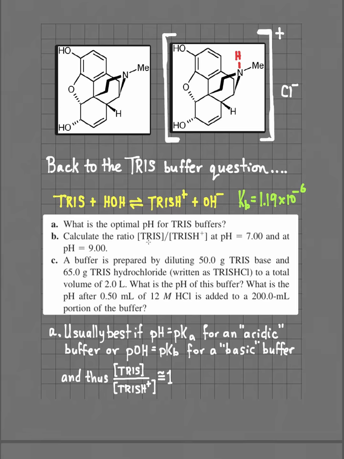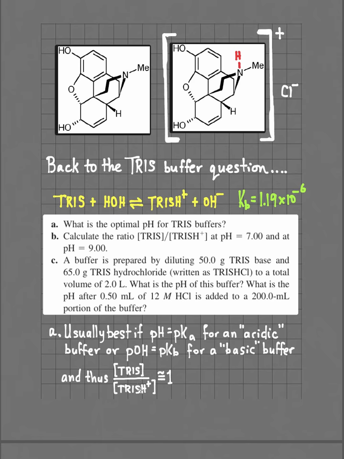Calculate the ratio of tris to tris H plus if I wanted to make a buffer with a pH of 7. Usually the best buffer has equal amounts of tris and tris H plus. By best I mean perhaps the best buffering capacity.